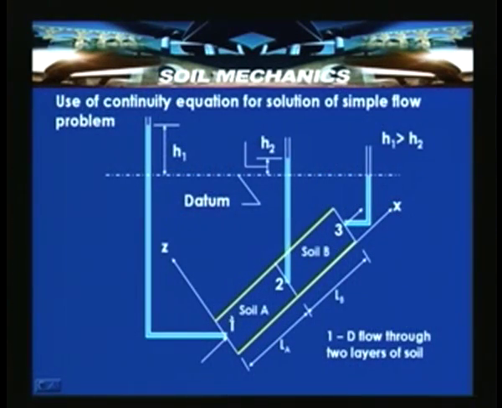The flow is confined between the two container walls and takes place along the x direction, so this is a one dimensional consideration. Here, at point 1 the total head is h1, and at point 2 the total head is h2, which is to be determined, as head loss has already occurred.